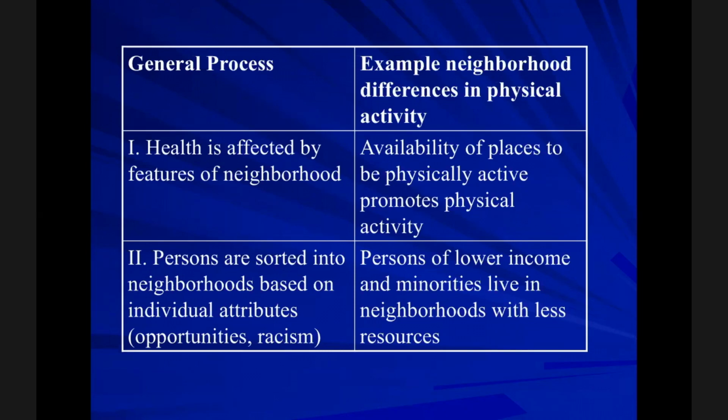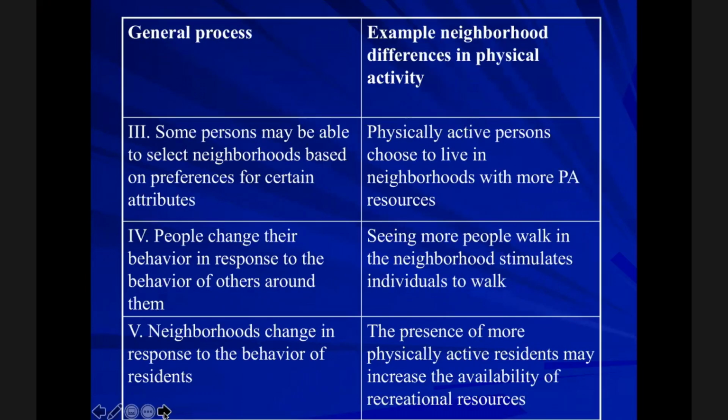And also people end up being sorted into neighborhoods based on individual attributes as a result of their opportunities, their income, also racism. And a lot of the traditional empirical work on neighborhoods and health has really focused on trying to separate out these two things so that we can identify the impact of the process listed at the top, which would be a causal effect of neighborhoods on health. But in reality, it's a lot more complicated than that.